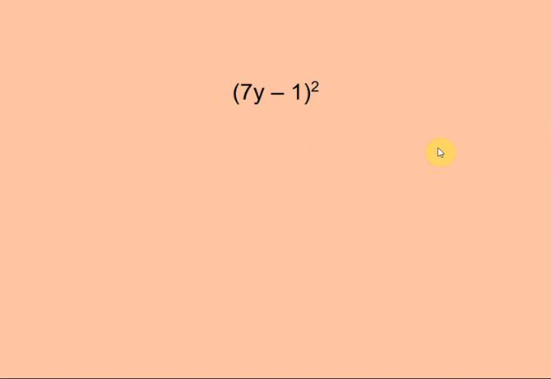You have to first remember what it means when something is squared. When we square a number, that means we multiply it times itself. So it's the same thing when we're dealing with a binomial or any polynomial. That means that whatever is being squared, in this case 7y minus 1, we have to multiply it times itself.